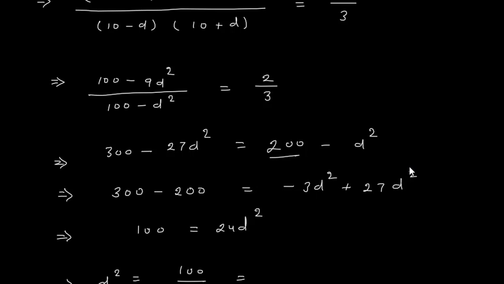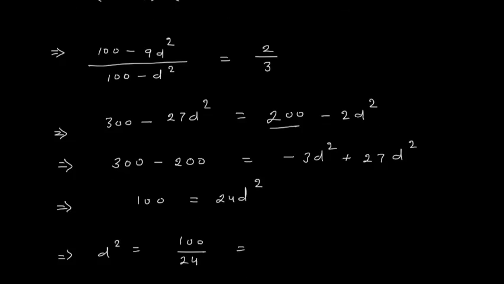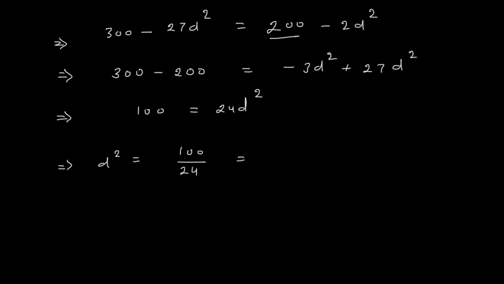It is 2d square. So it is actually minus 2d square. So minus 2 plus 27 is 25. So this is 25, and we can now divide by 25. 100 divided by 25 is 4.